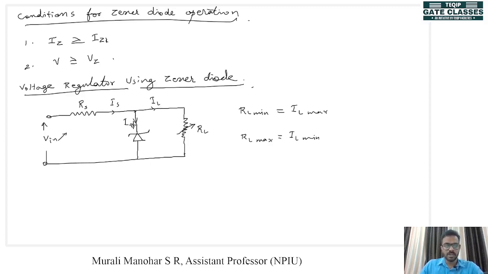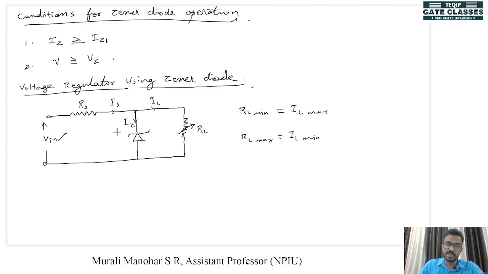So we need to control IZ to stay below or equal to its maximum limit. We need to design this circuit so that when the load is drawing maximum current, the current through the Zener diode can go maximum up to IZ max.